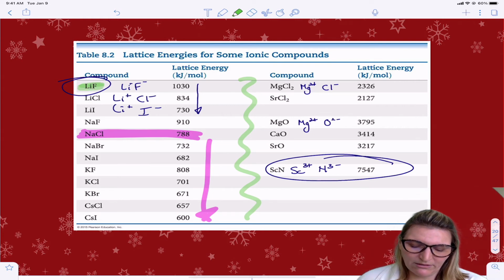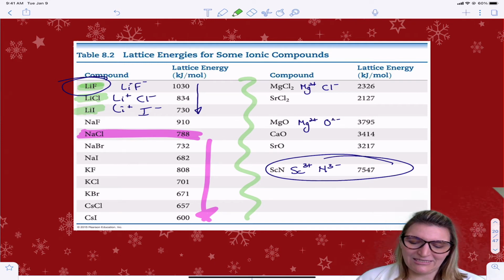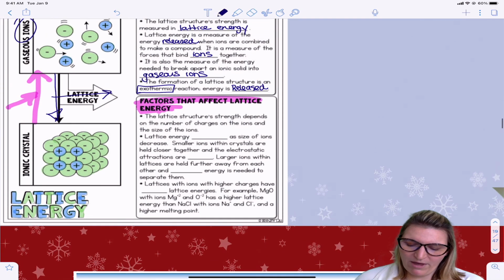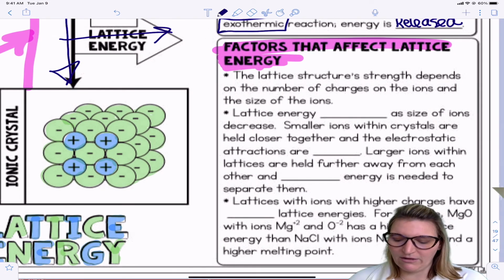LiF is +1 -1, LiCl +1 -1, LiI +1 -1. So if it's not charge, it must be distance. Remember, that was the other piece of Coulomb's law. And if we go back to this graphic organizer right here, we'll see that that's exactly what this says.